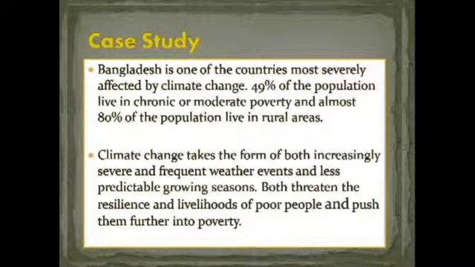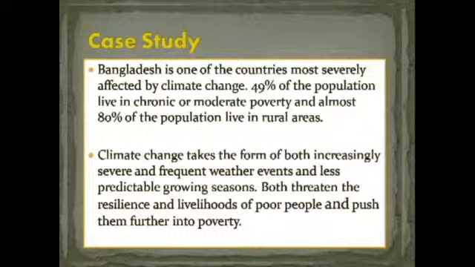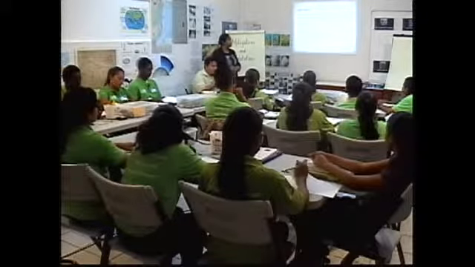Bangladesh is one of the countries most severely affected by climate change. 49% of the population live in chronic or moderate poverty, and almost 80% of the population live in rural areas.